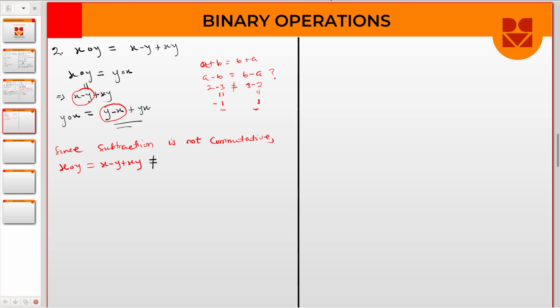It's not equal to y minus x plus yx, which in the long run is not equal to y operation x. So here we can conclude that x operation y is not equal to y operation x.